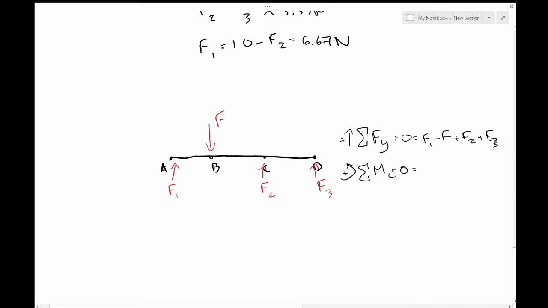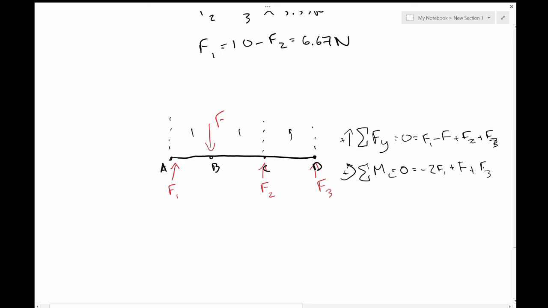And then we might take, say, arbitrarily, the sum of the moments about point C, and we'll set that to 0. And now we're saying that that's going to be negative 2F1 plus, I should probably put in distances here. Let's just call all of these 1. Negative 2F1 plus F, and then plus F3 as well.